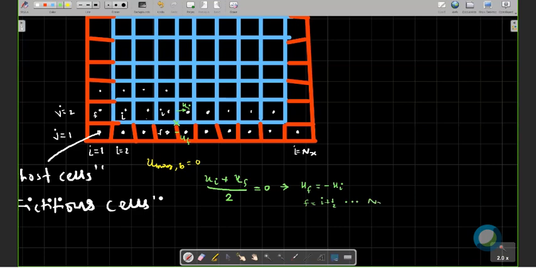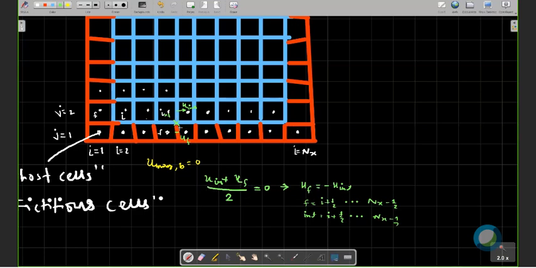Similarly, I can write int for interior, since this I and this I are different. This int is also varying from I plus half to nx minus half. So you can implement this boundary with this patch. That is the u equals 0 boundary condition.